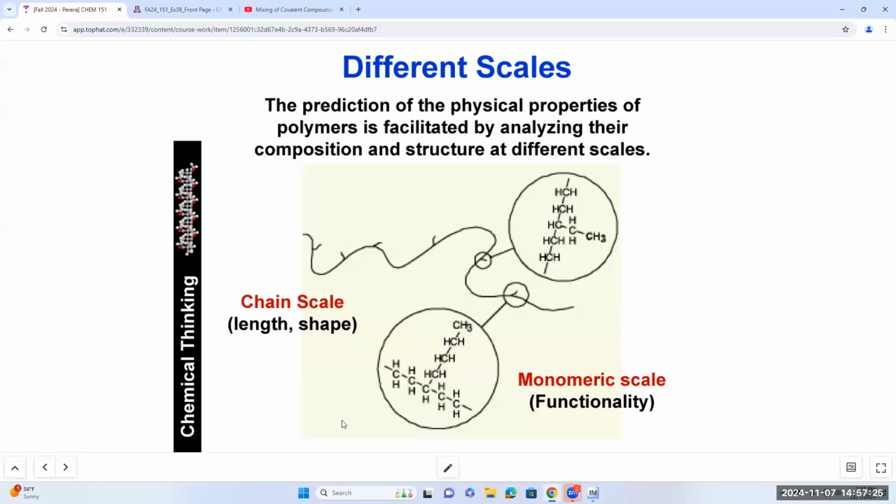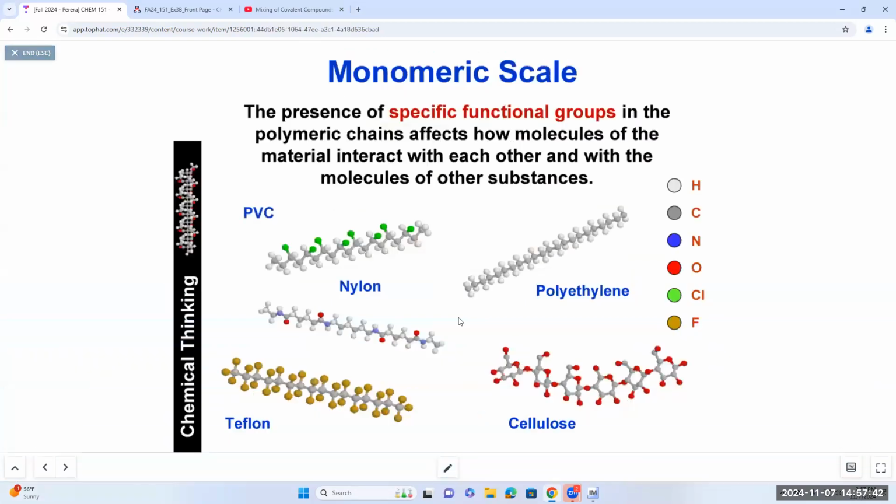Let's talk about properties. When we talk about the properties of the polymers, we are going to divvy up into two scales. The chain scale, that means the entire polymer, and then the monomer scale. What do I mean by the monomer scale? In the monomer scale, I'll be looking at what we have at the individual monomer level.